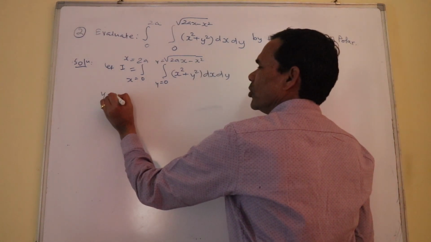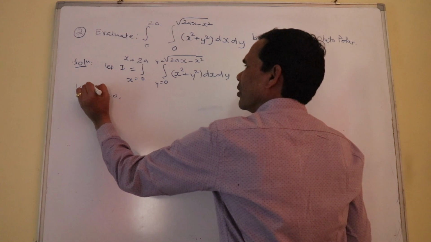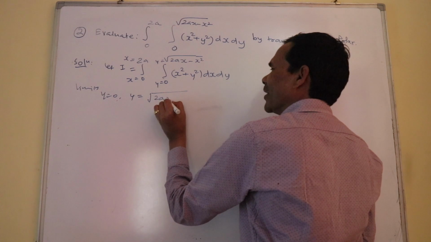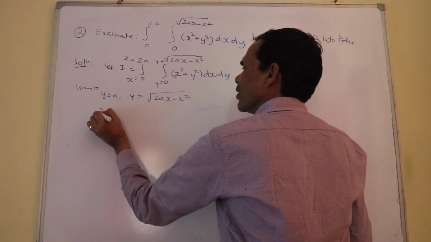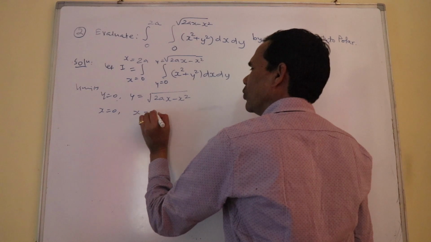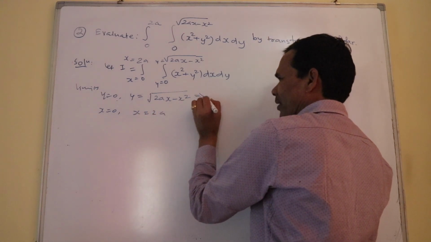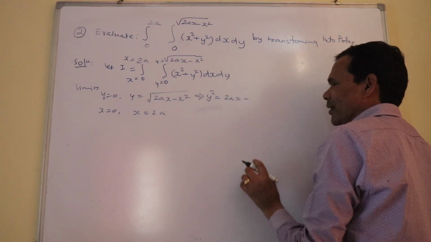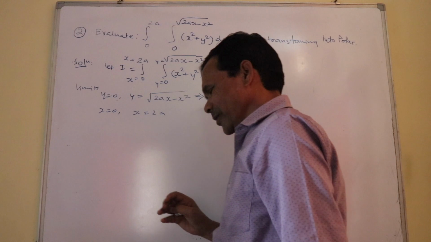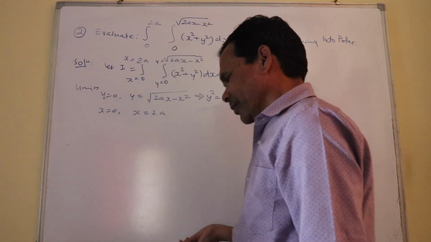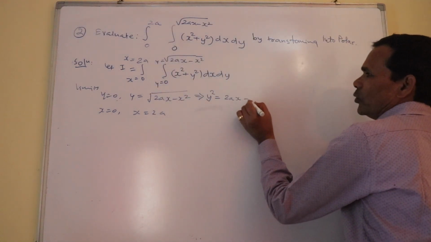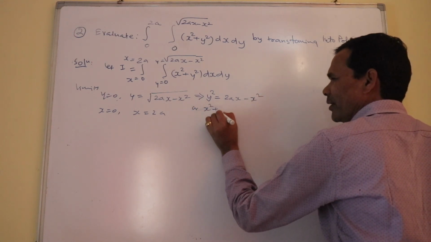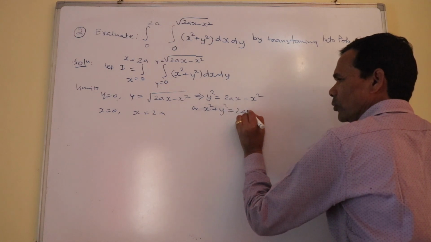So y is equal to 0, y is equal to root of 2ax minus x square, x is equal to 0, x is equal to 2a. Now if you just square this, y square is equal to 2ax minus x square, or you can write this as x square taken on this side, x square plus y square is equal to 2ax.